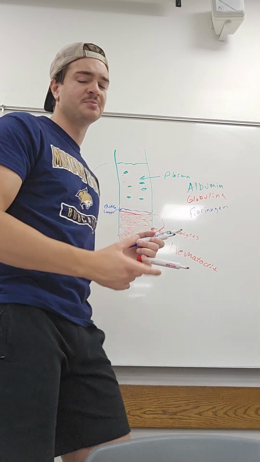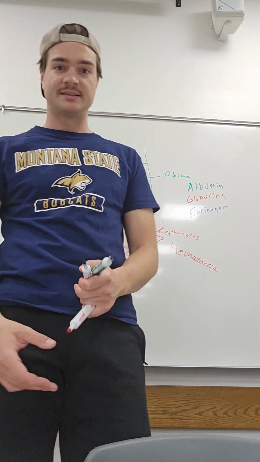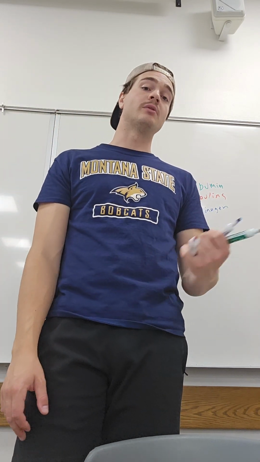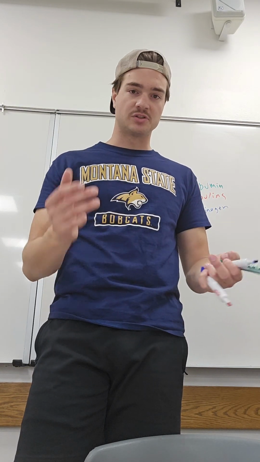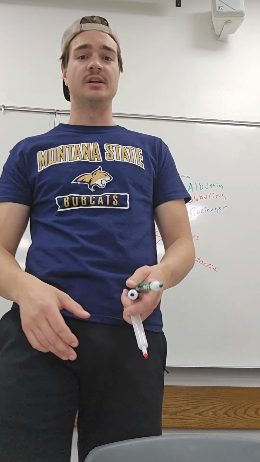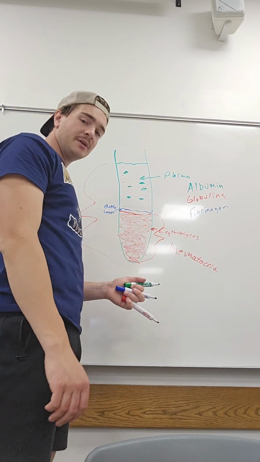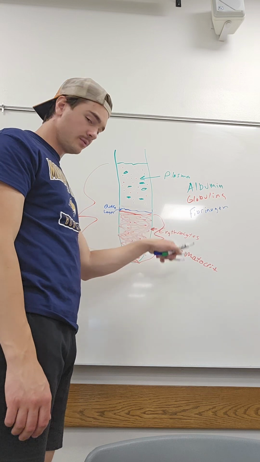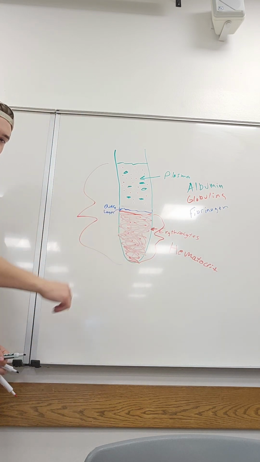Hematocrit's basically just a measure of what percentage of your blood is composed of red blood cells. It will increase as you go up in elevation, you have less oxygen exposed to you, or you participate in cardiac exercise and you need more red blood cells. If you have anemia, iron deficiency, the hematocrit will decrease. And that is the composition of blood.